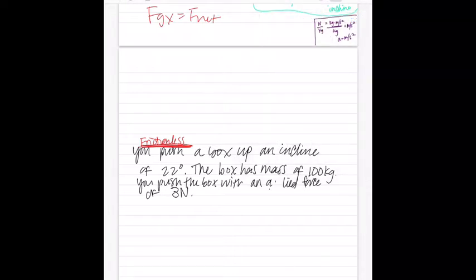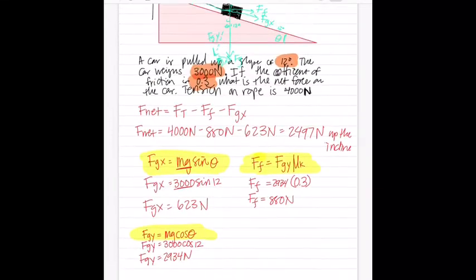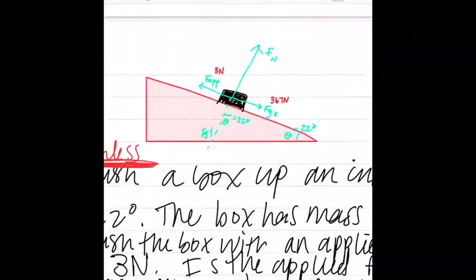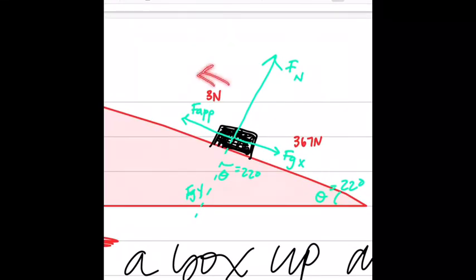I erased too many things. I got to put some of this back. Okay. What is the acceleration of the box? Now, we knew from the other day when we solved for this one that you were pushing the box up the incline, but when we calculated it, it was 3 newtons up and 367 newtons down.